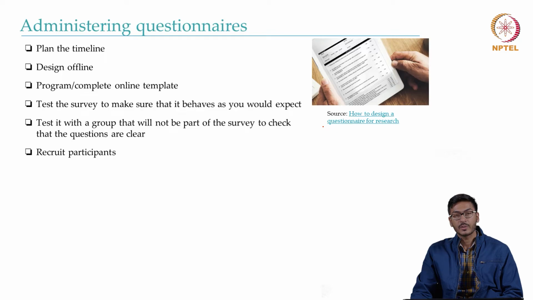These steps are important to ensure a good quality and a fair survey using questionnaires. After all these testing steps are completed successfully, we go on to recruit the participants.